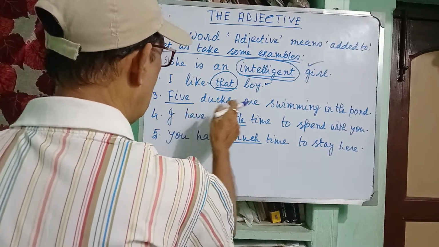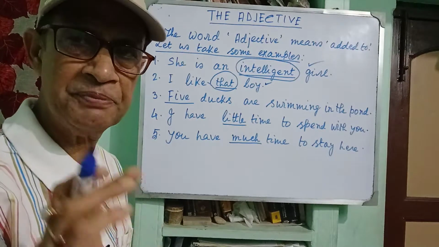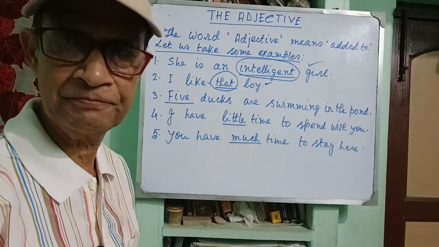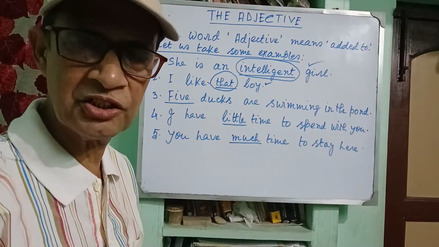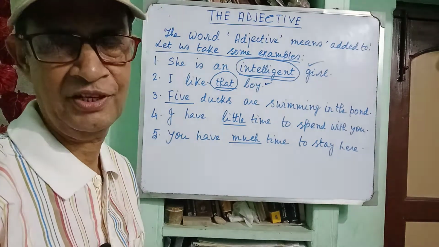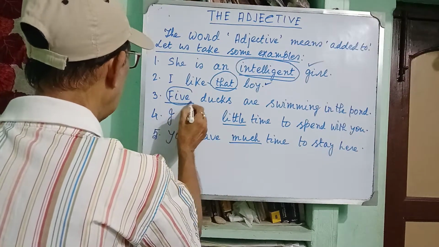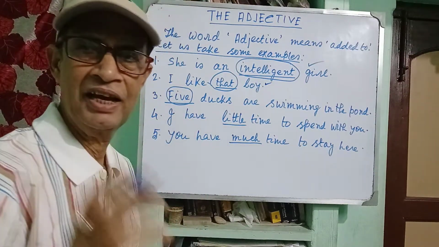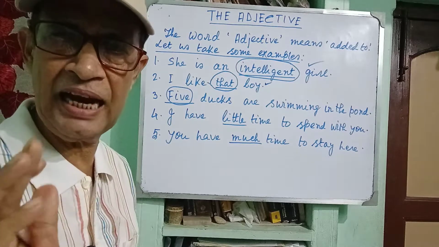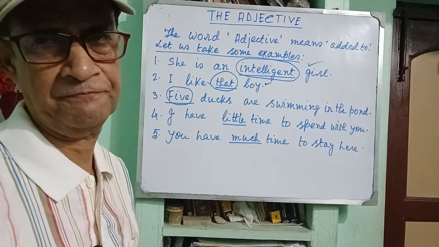Five ducks are swimming in the pond. How many ducks are swimming in the pond? Five ducks. So it is called the numerical adjective because it is suggesting the number of ducks.